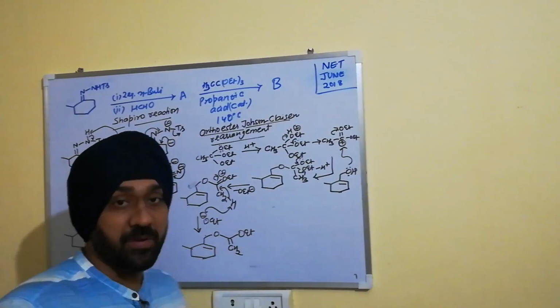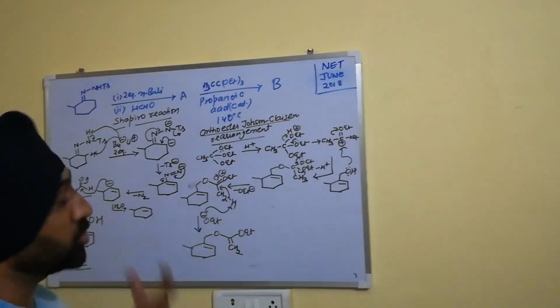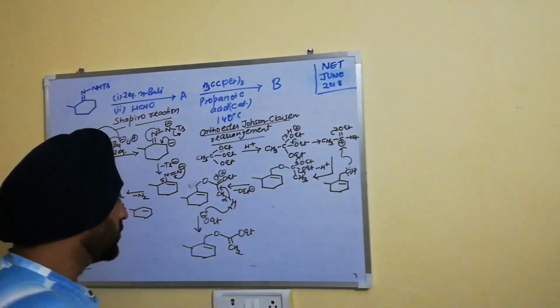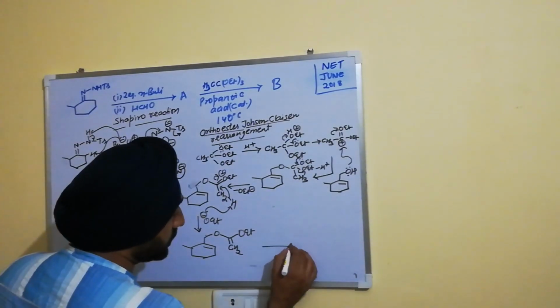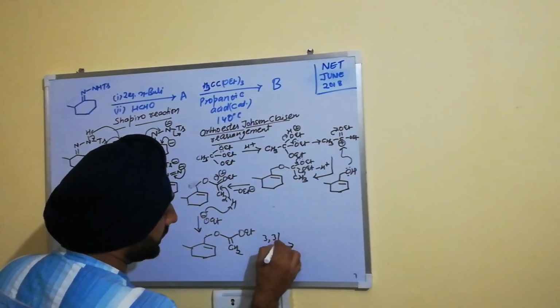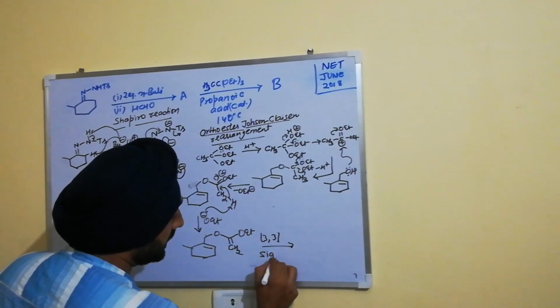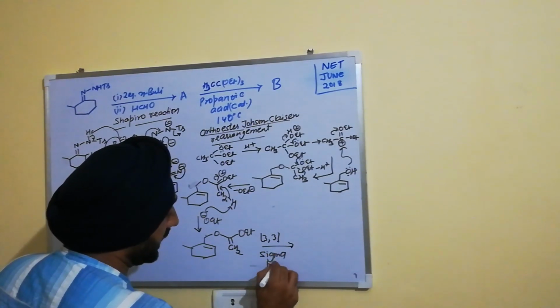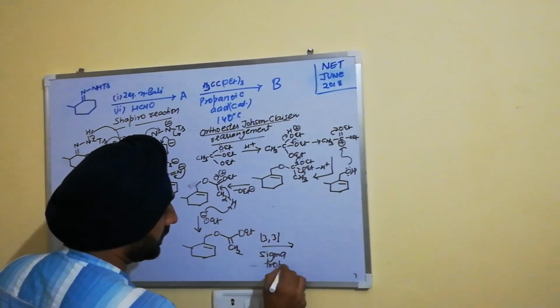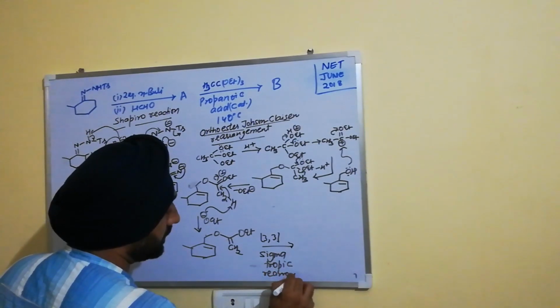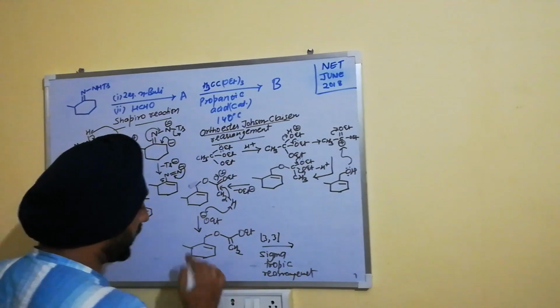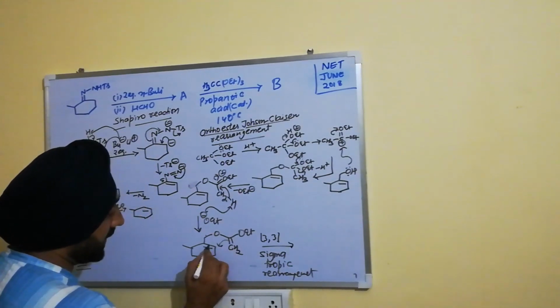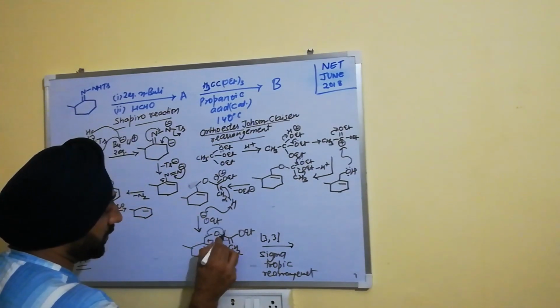Now the molecule is perfectly set to undergo the Johnson-Claisen rearrangement. So this compound undergoes a smooth 3,3 sigmatropic rearrangement. So what happens is, this comes back, comes here, this comes here, and this bond moves.